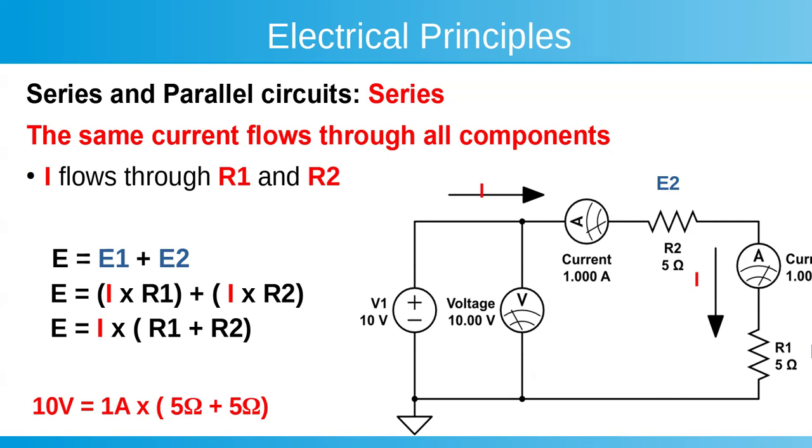The main thing to remember: in a series circuit, the current is the same through all of the components in series, which it has to be. The current I coming out of this source or battery has to equal the same current going back into it. Therefore, the current has got to be the same through all the components.